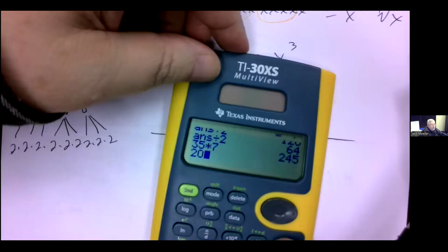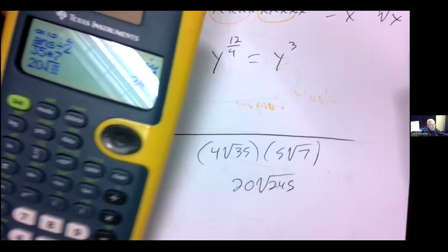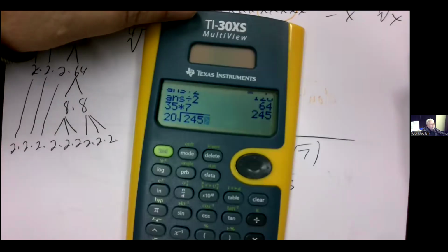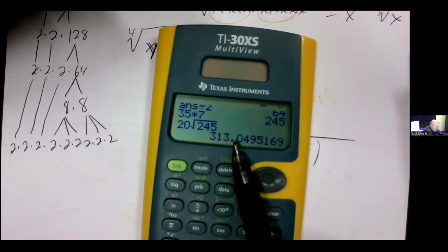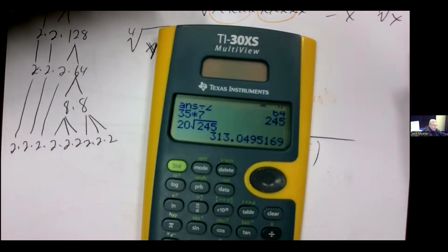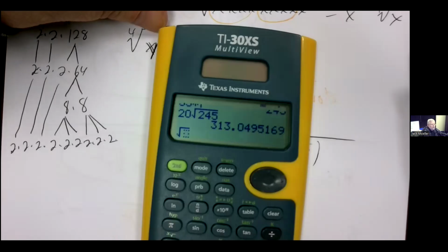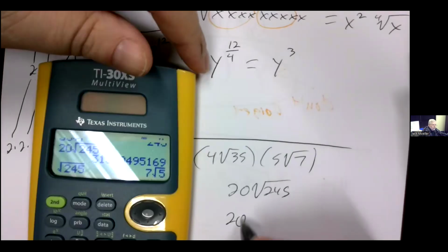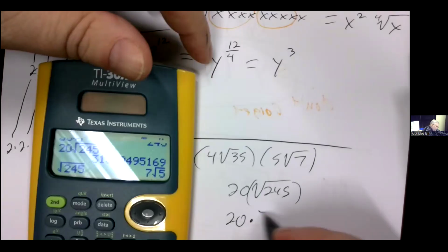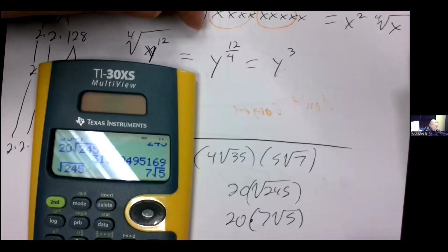I copied it incorrectly. Now see, that's a big number. So let me take the 20 off. Just do 245. All right, so what that is, is 7 times the square root of 5. So now 20 times 7 is 140.